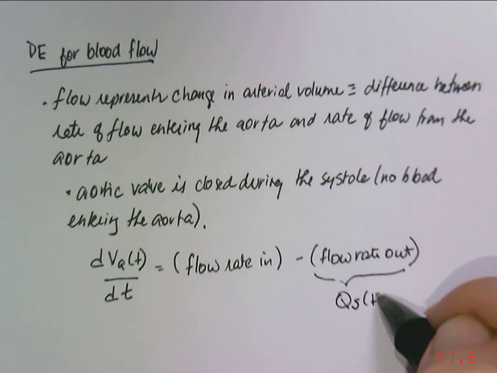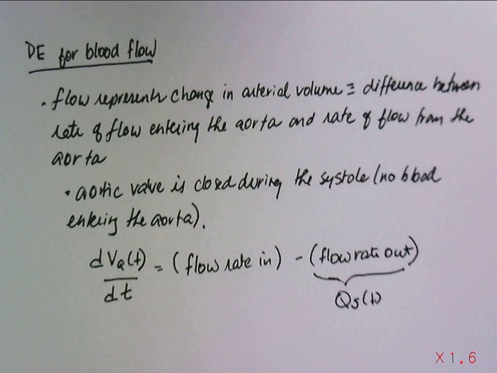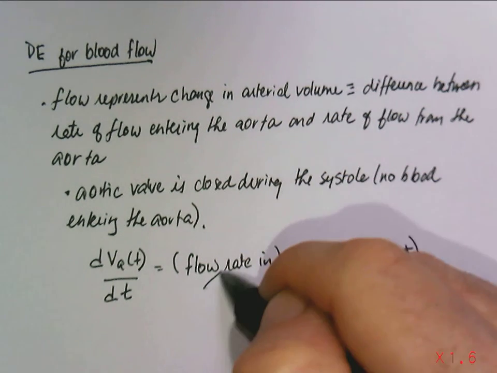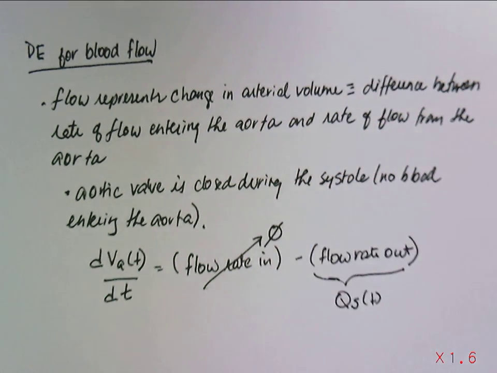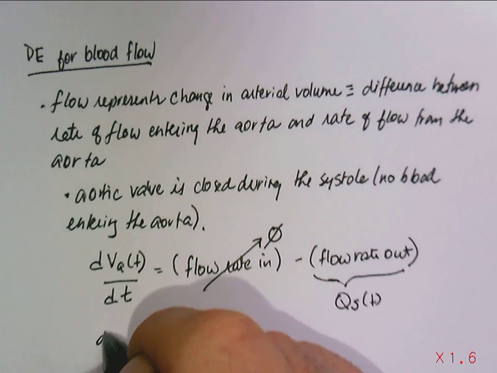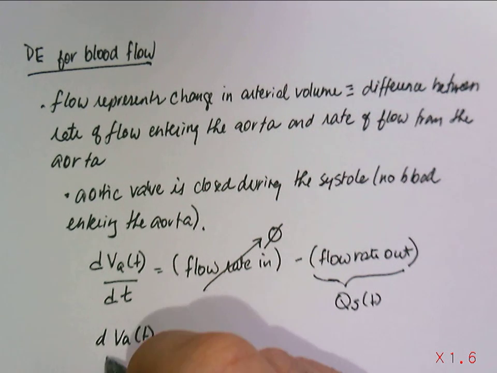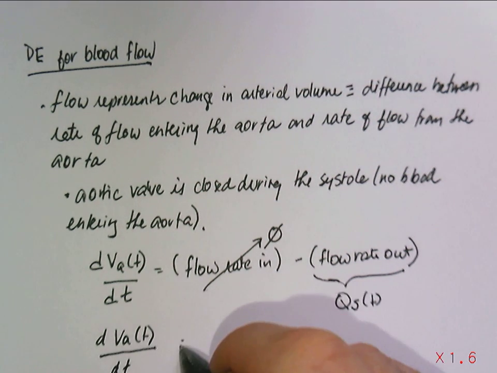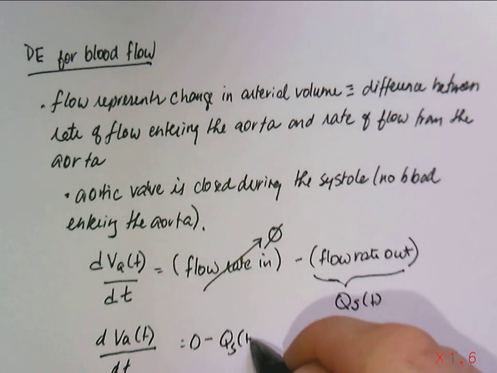It's going to be the cardiac volume, Q sub S, during the systole phase. But we just said the aortic valve was closed and there's no blood in, so we'll model that as 0. So the differential equation is fairly simple. dV sub A over dt with respect to time t is just 0 minus Q sub S of t.